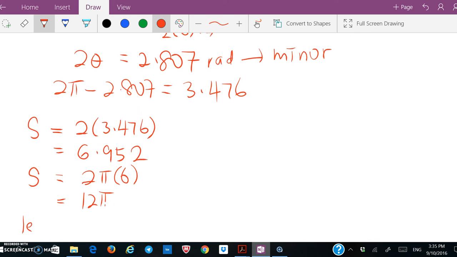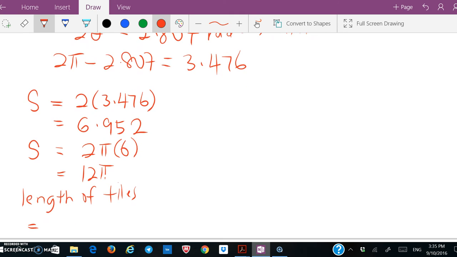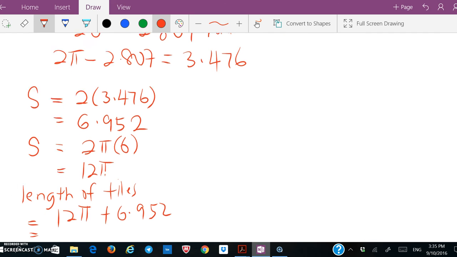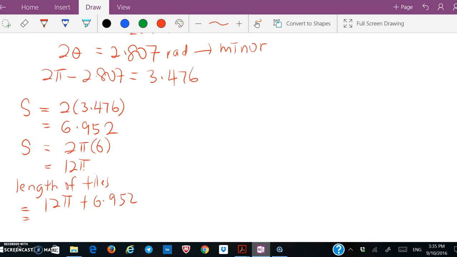The length of tiles will be 12 pi plus 6.952 equals 44.65 meter.